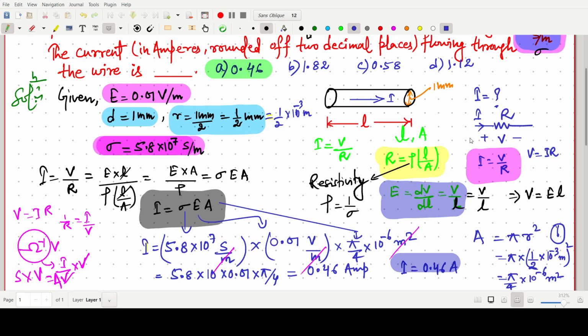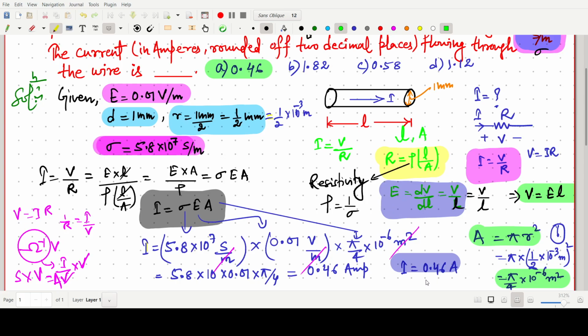This one is also important. These two or three fundamental formulas we have to know. Then pi r square area that we have used, and after putting the relationship between I, sigma, E and A, the current is conductivity into the electric field into area. And R equals rho L by A is also important.